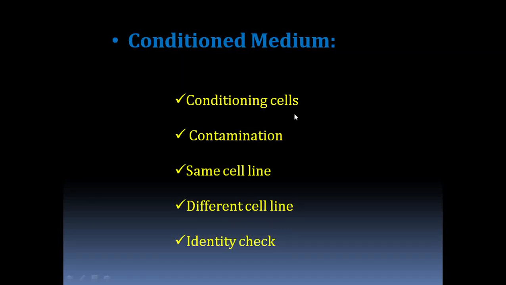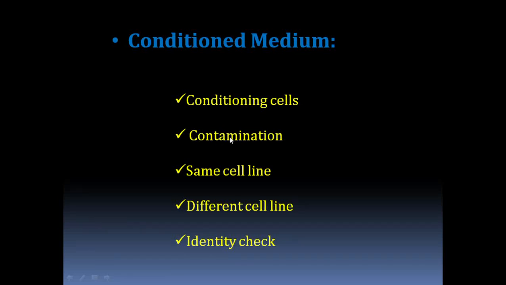Next, to avoid contamination carried by the cells within the medium itself, we will perform certain techniques, a purification step, where we remove all the cells which were pre-cultured and used for conditioning, right?